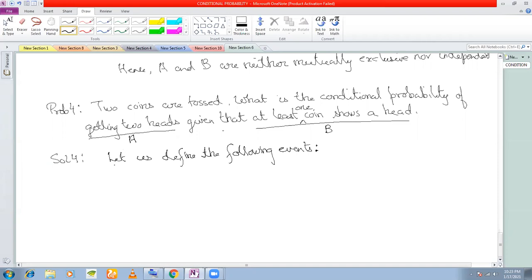We'll define the first event A as getting two heads, and the event B as at least one coin shows a head. From the question we have framed our two events.